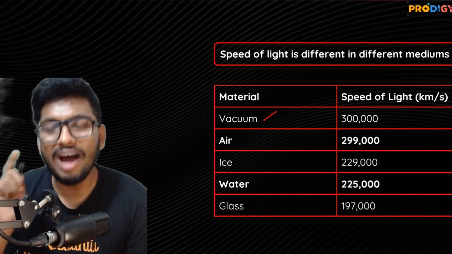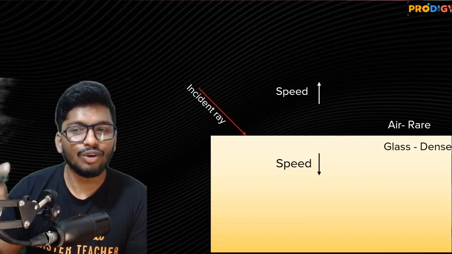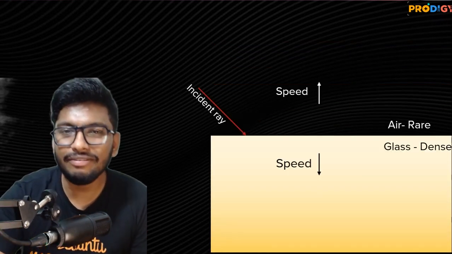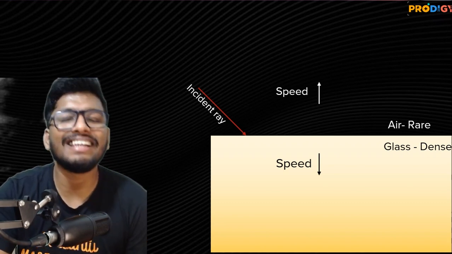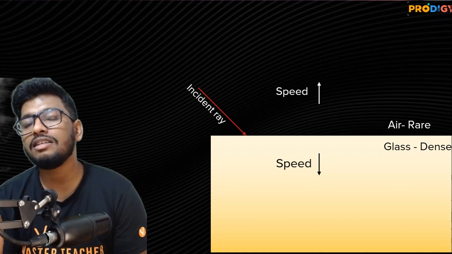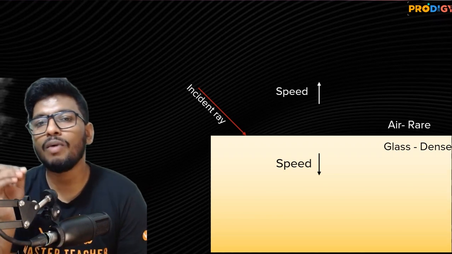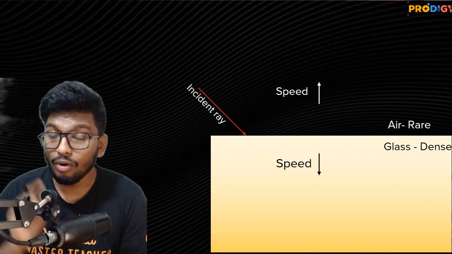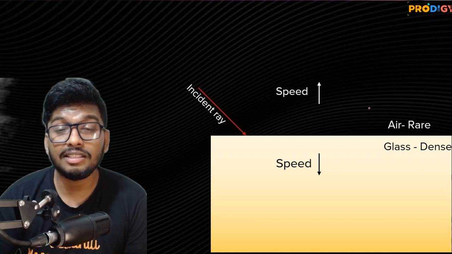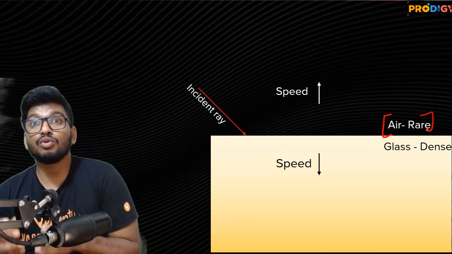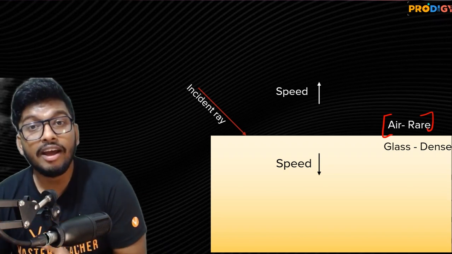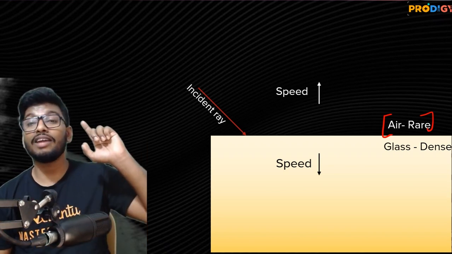And this is one reason, people: because of the speed of light being different in different mediums, the ray of light bends when it's traveling from one medium to another. And always remember this, guys. In rarer mediums, that is mediums whose density is a little less, the speed of light would be very high.